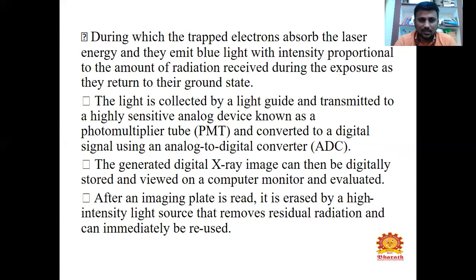The generated digital X-ray image can then be digitally stored, viewed on a computer monitor and evaluated. After an imaging plate is read, it is erased by a high intensity light source that removes residual radiation and can immediately be reused.